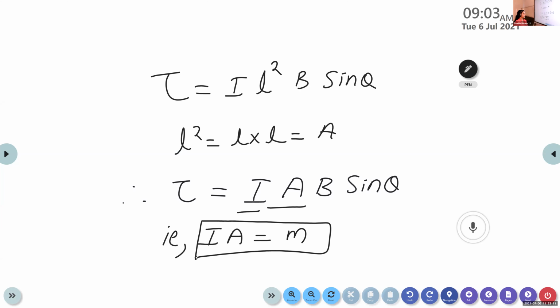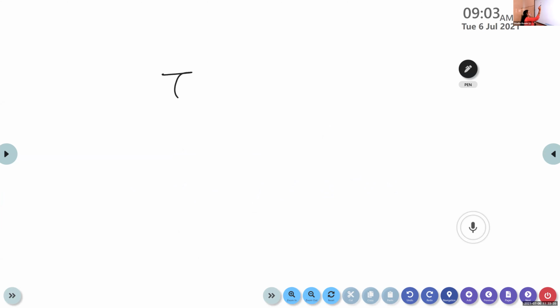Then what about our final equation? Instead of this IA, we can represent this M. So the equation becomes tau is equal to IA. What is IA? Magnetic dipole moment.